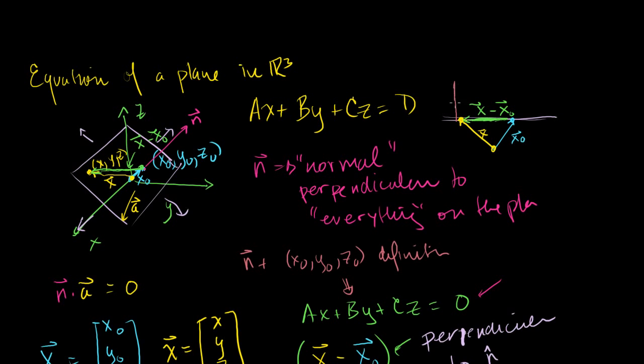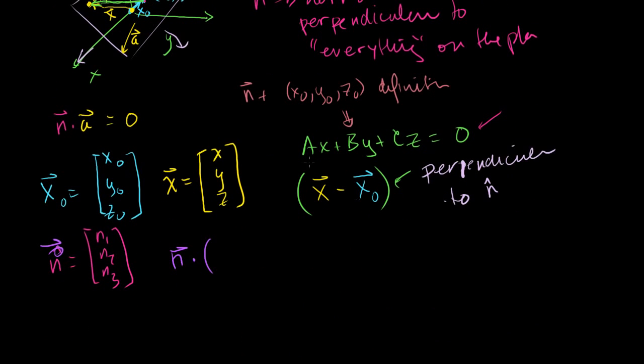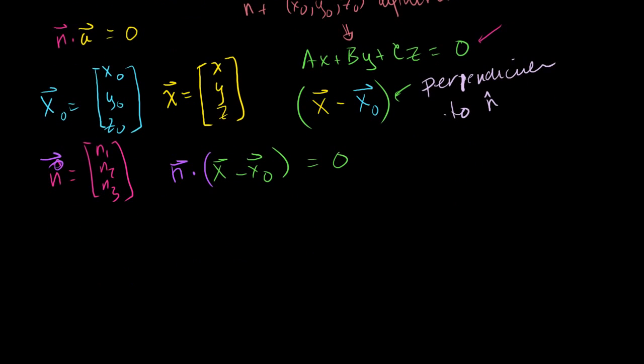My n vector is going to look something like this. It's going to be popping straight out of the plane. I could shift it over, but it's always going to be in that same direction. But it's going to be perpendicular to this vector right here. So n is perpendicular to x minus x naught, which means that their dot product is equal to 0. Well, what does x minus x naught look like? So this is going to look like this expression.